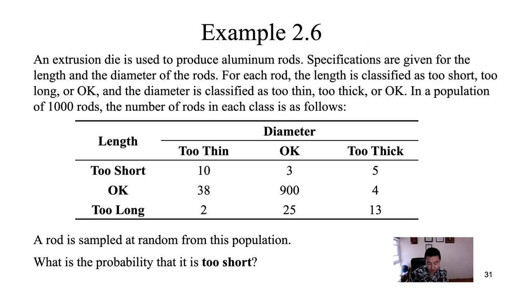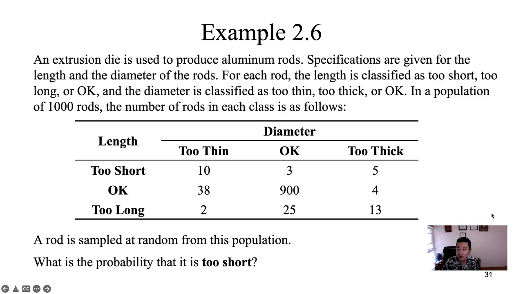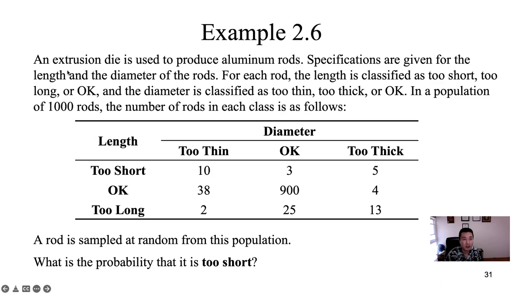Then let's look at another example. An extrusion die is used to produce aluminum rods. For the specs of the rods, we have the diameter and also the length. For the length, we can classify it as too short, okay, or too long. For the diameter, we have too thin, okay, and too thick.